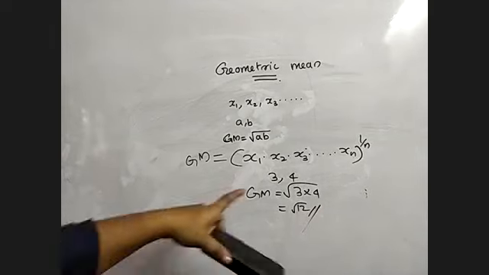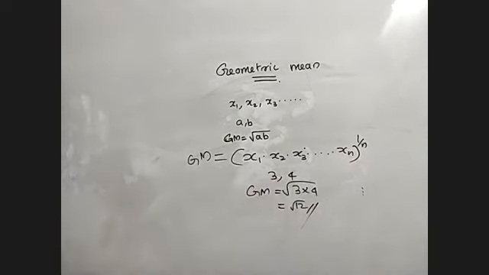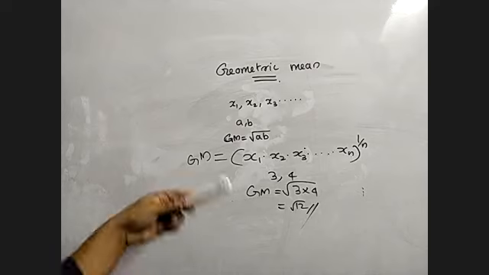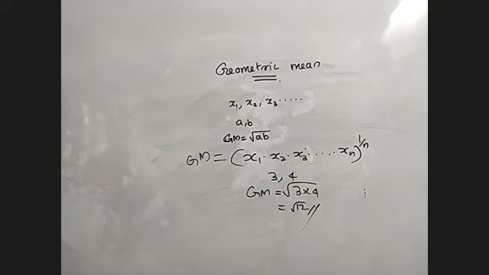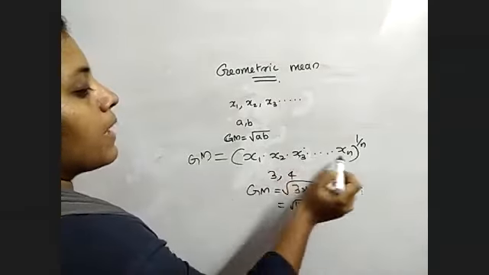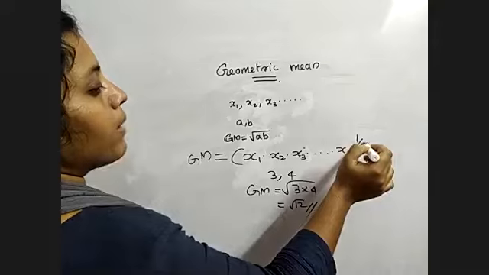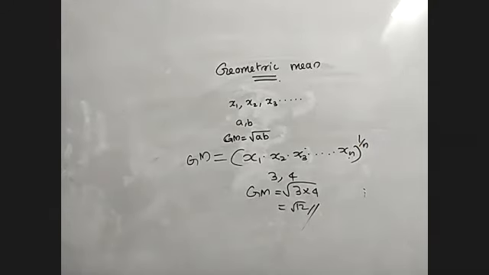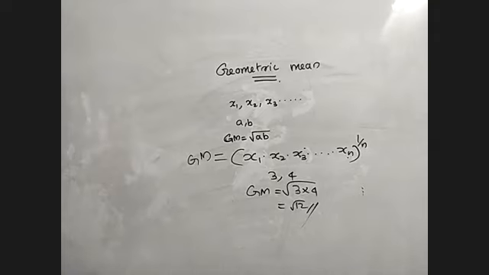If they are giving n terms, it's generally not asked, but in our statistics chapter we have geometric mean, and simple questions are asked. That's why I'm mentioning this. Geometric mean up to n terms is just multiplying them, whole raised to 1 by n.